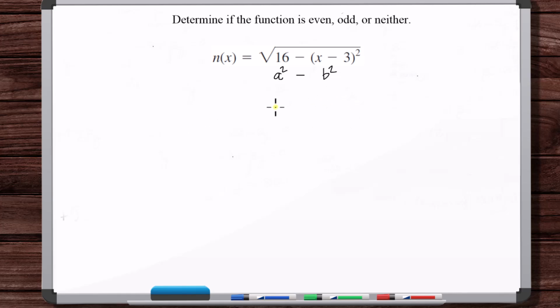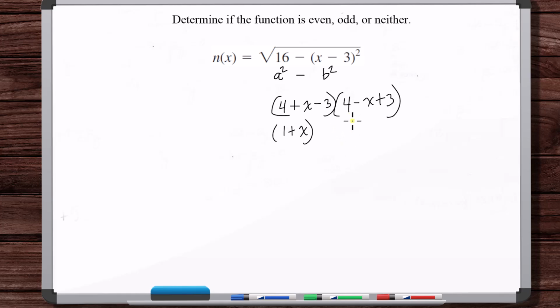So we can factor that as a plus b, 4 plus x minus 3, a minus b, so 4 minus x minus 3, which is 4 minus x plus 3. So this is 1 plus x, and then 7 minus x.